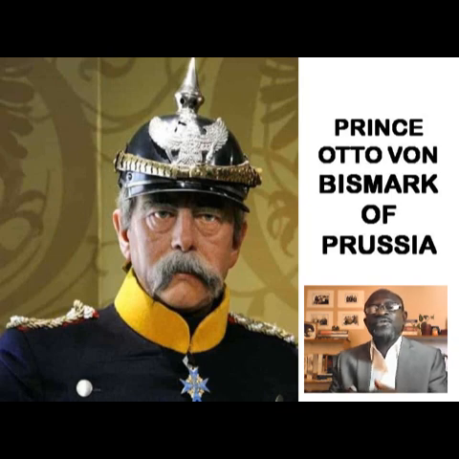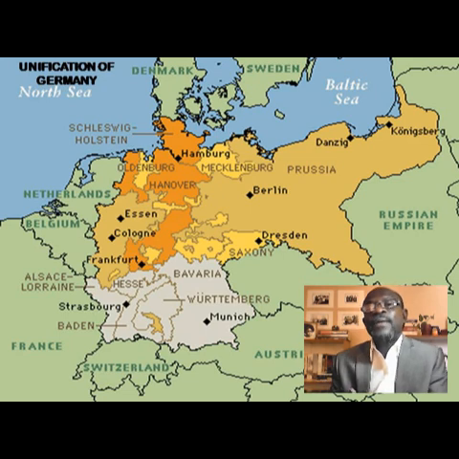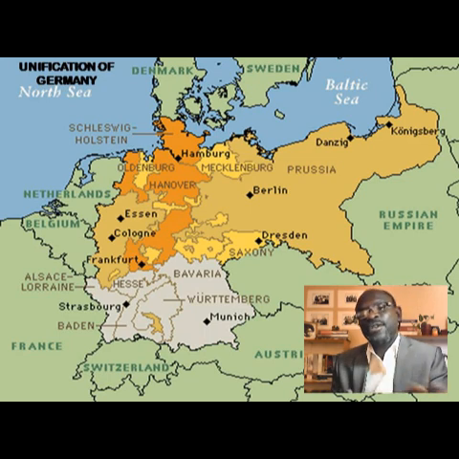First of all, he was able to create an alliance system between Prussia and the state of Russia. You see Russia right here. And we discovered that with the Russian Empire at this time, Bismarck was able to create very strong diplomatic relations with Russia, using the 1863 Polish revolt as an excuse to create very good ties between Prussia and Russia.